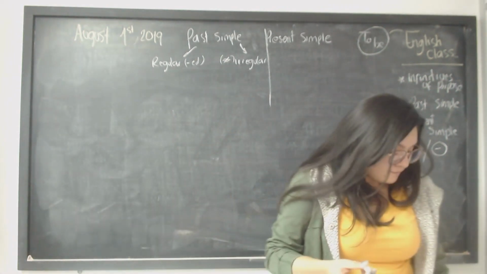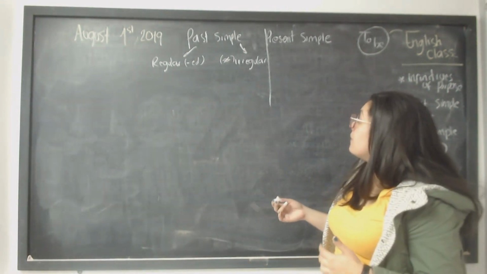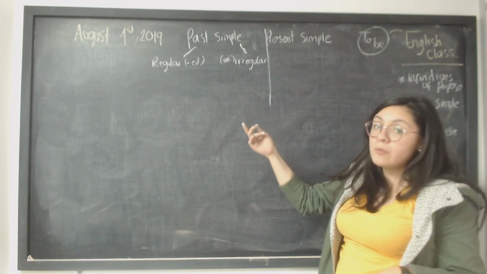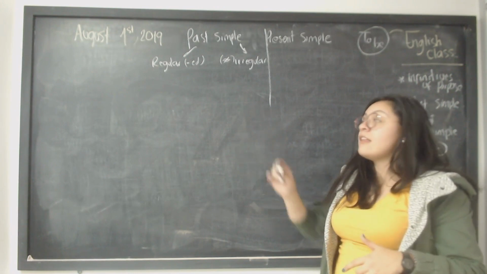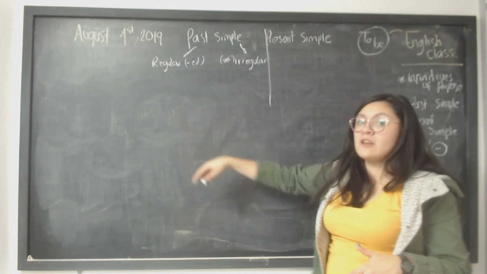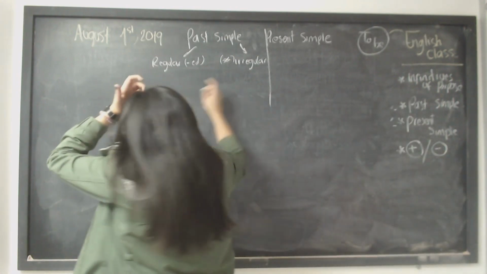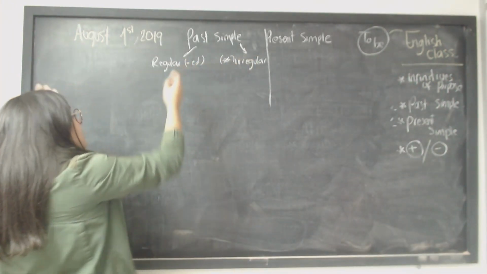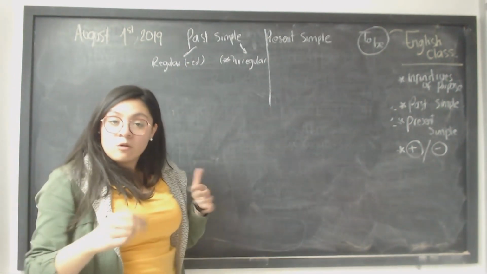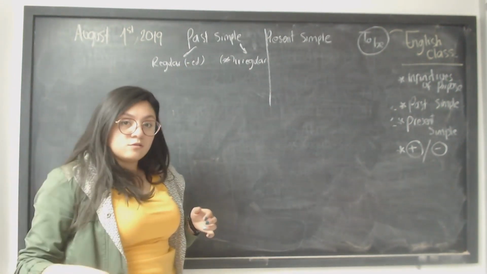And in regular verbs, remember that the verb never changes, even if we have different pronouns. Acuérdense que los verbos regulares nunca cambian, siempre se conjugan igual para todos los pronombres.